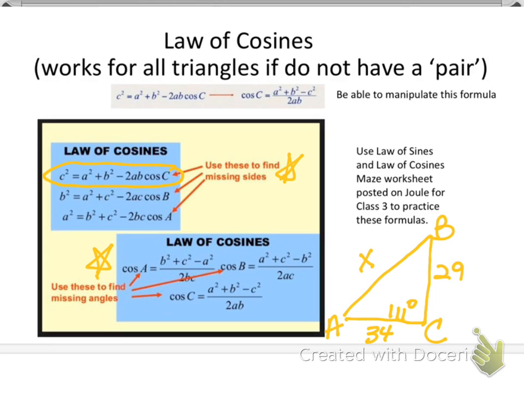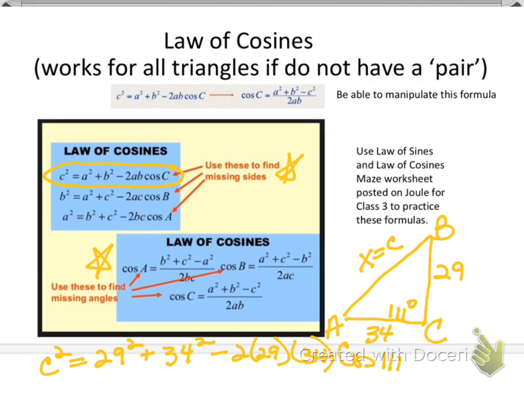So this equals the c. So I'm going to say c squared equals a squared, which is 29 squared, plus b squared, which is 34 squared, minus 2 times a times b times the cosine of c.